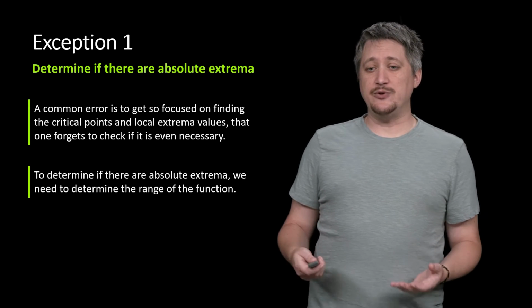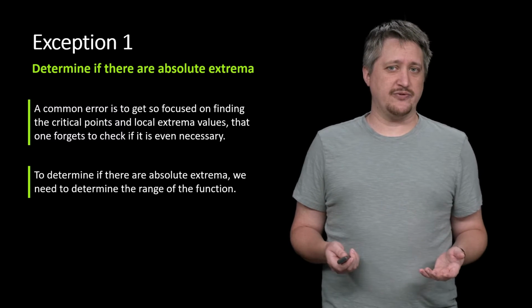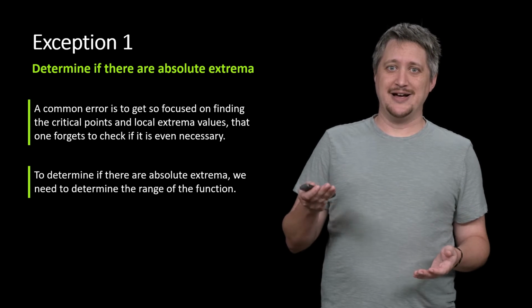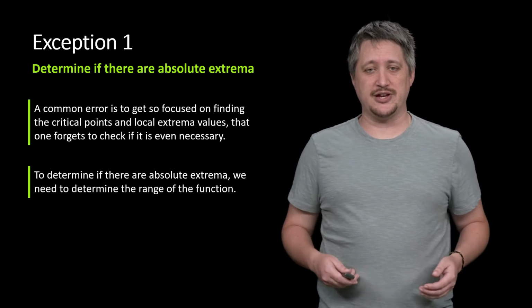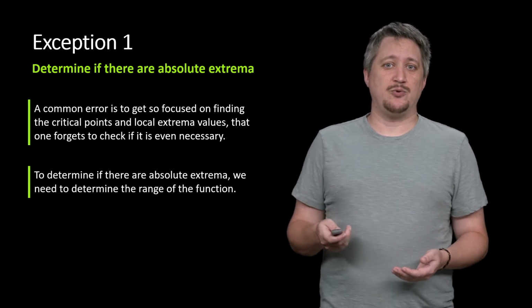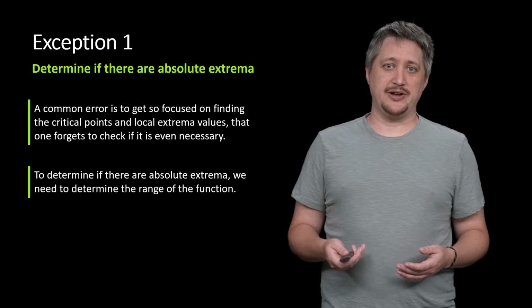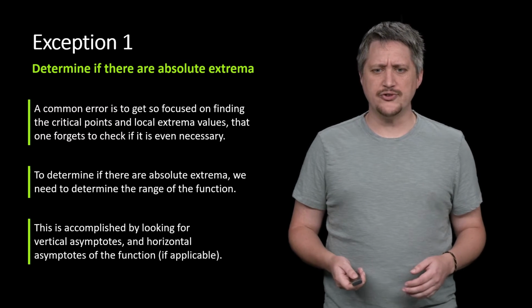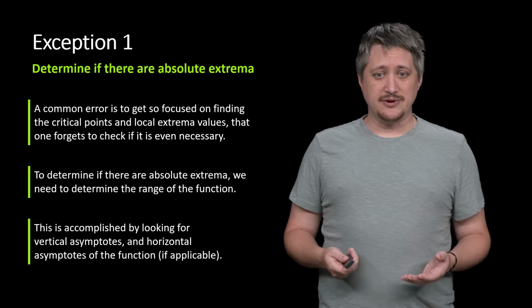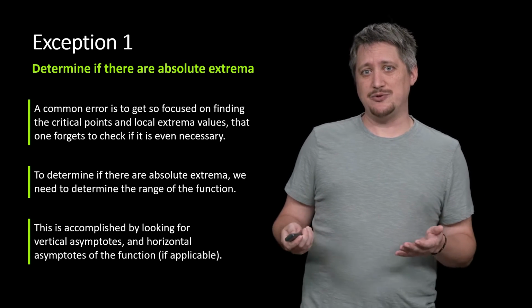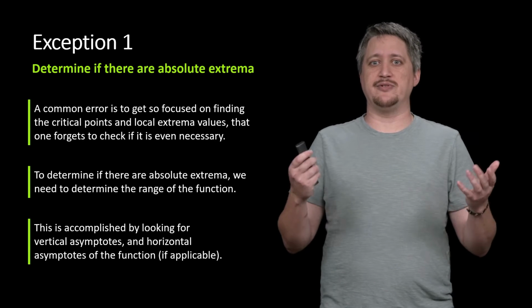So to determine if you have them, we need to know what the range of the function is. The whole idea of an absolute extrema is that it's the highest value attained or the lowest value attained. So if the function goes, say, to infinity or negative infinity, then we know it wouldn't have a highest or lowest, respectively, value. So to know that, we want to figure out the two ways that we know functions can go off to infinity.